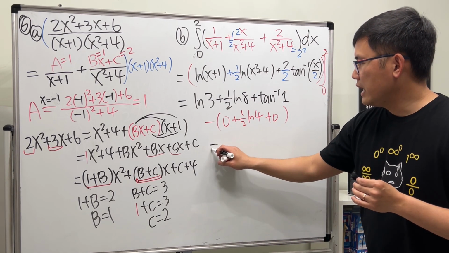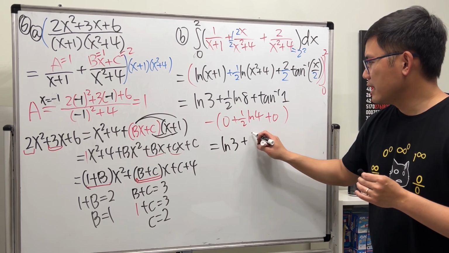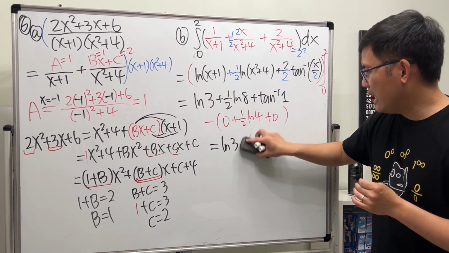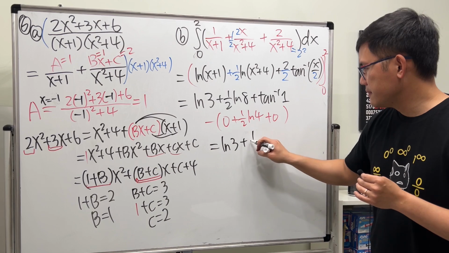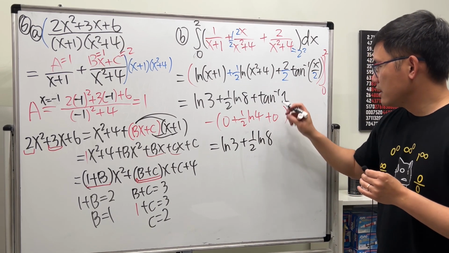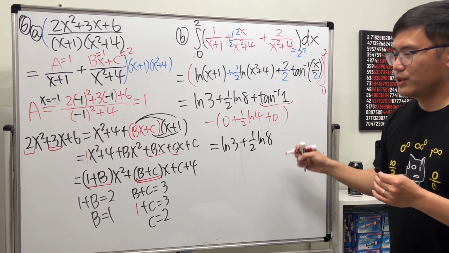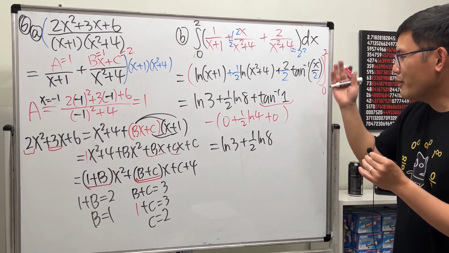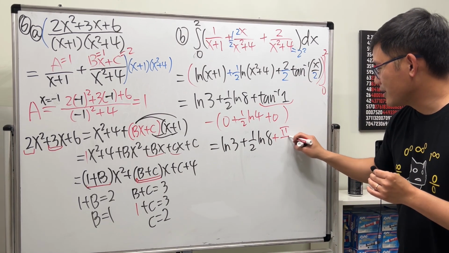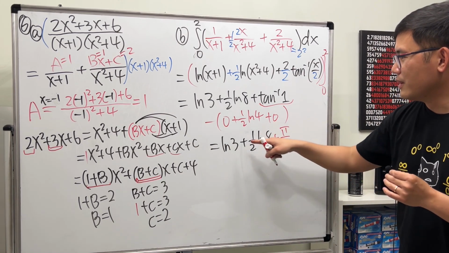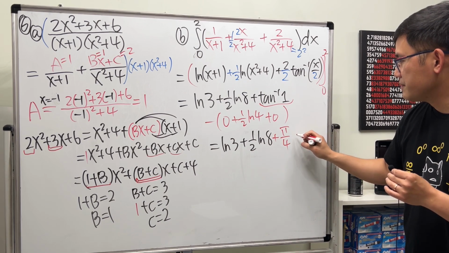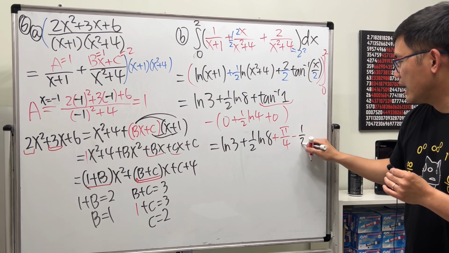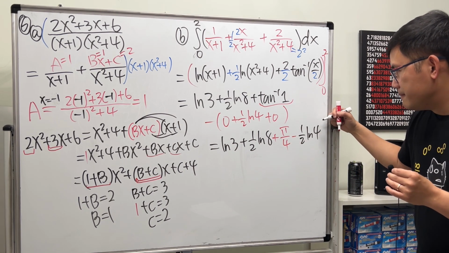So we get ln 3 plus 1 half ln 8. This guy, I kill my students, you have to remember this. Pi over 4. Yeah? Such a common test question that you have to know. And then minus 1 half ln 4.